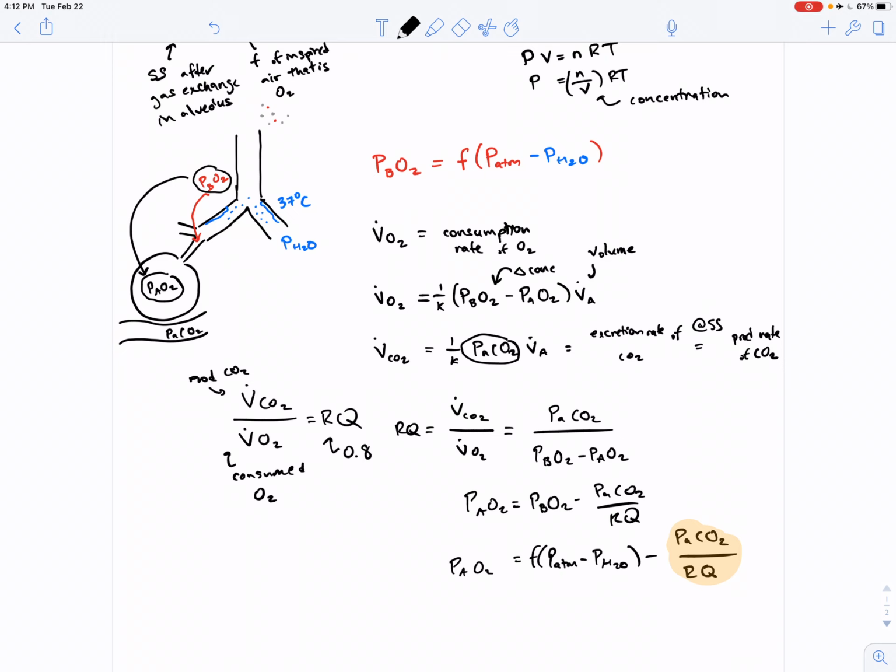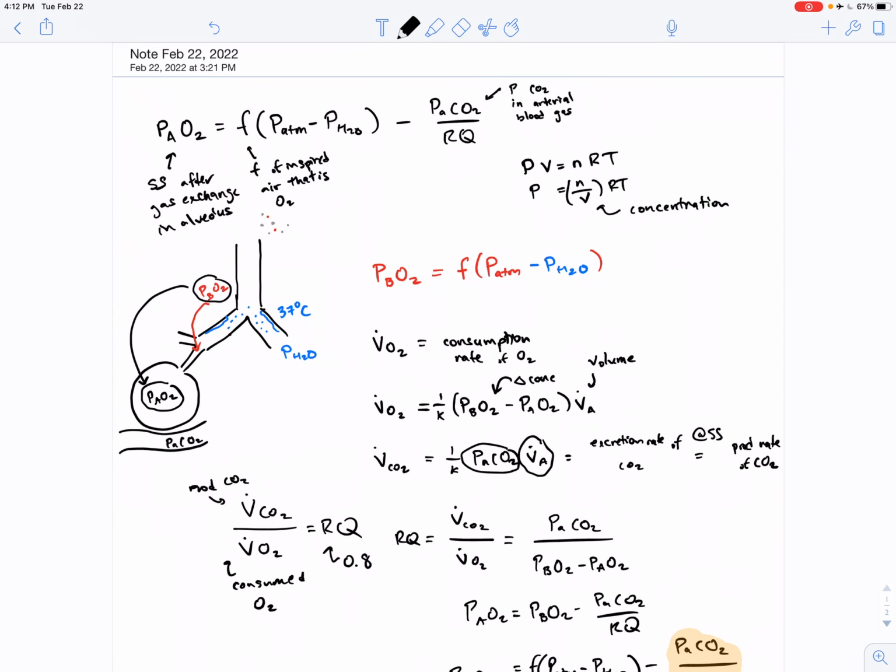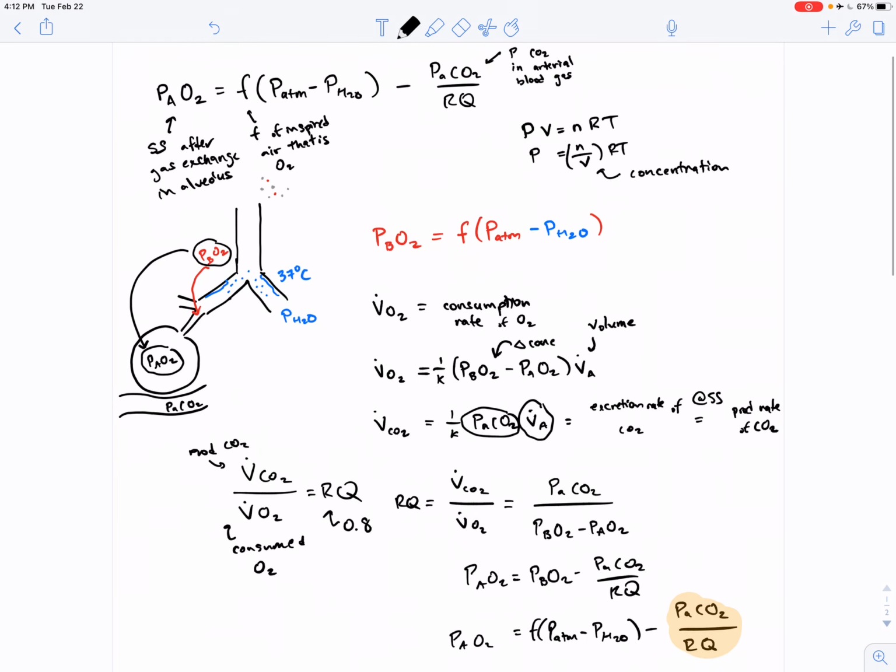It's instead a stand-in for this V dot A. You'll notice that if we hyperventilate, so that we're pulling in more oxygen at every breath, theoretically our PaO2, meaning our alveolar oxygen concentration, should increase, because the amount lost to gas exchange with every breath is going to be lower.